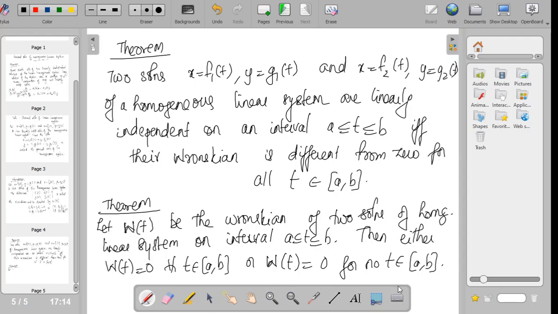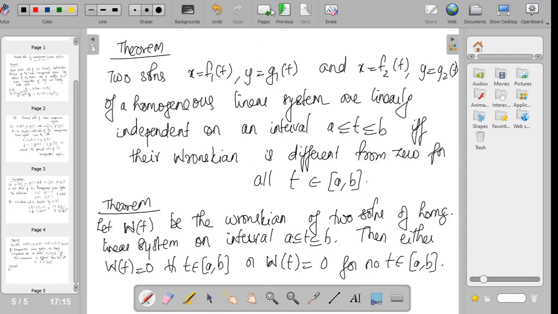If the Wronskian is equal to 0, it will be identically 0 for all t in the interval, and if it is not 0, it will be non-zero for all t in the given interval [a, b]. So if the Wronskian is not equal to 0, the solutions will be linearly independent, and when the solutions are linearly dependent, the Wronskian will be identically equal to 0.